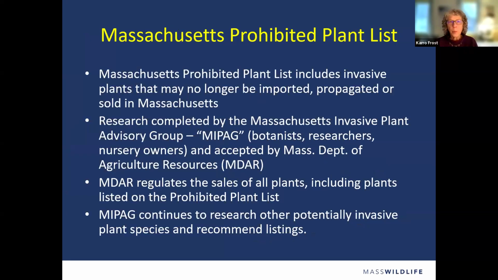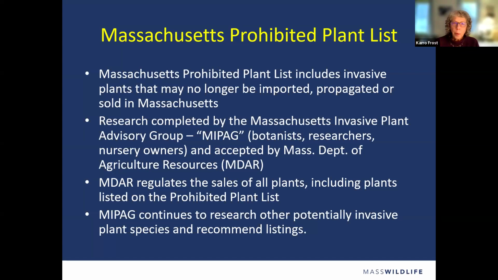So I mentioned this before, the Massachusetts, MIPAG, Massachusetts Invasive Plant Advisory Group. And there is now a Massachusetts prohibited plant list. If you type that into Google, you will get that list. Or you can go to MIPAG invasive list and you will get the list.